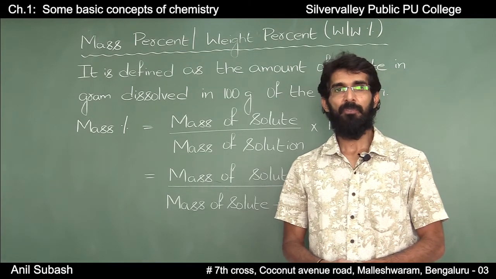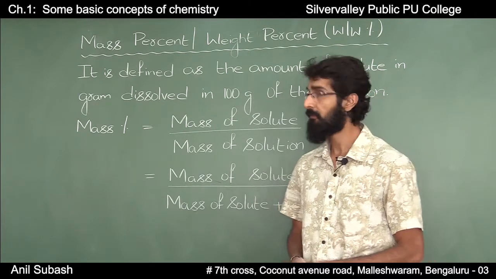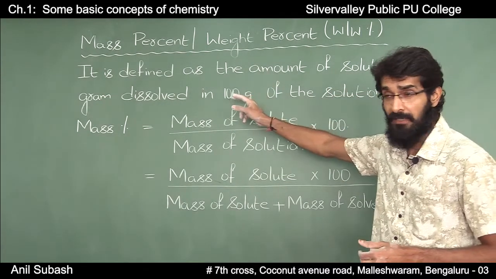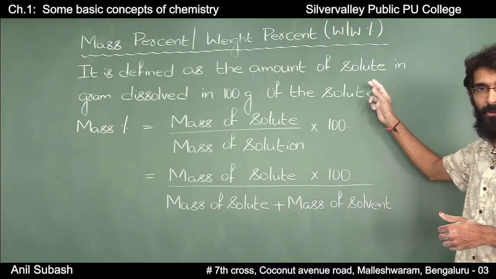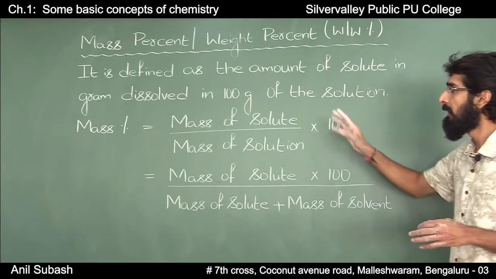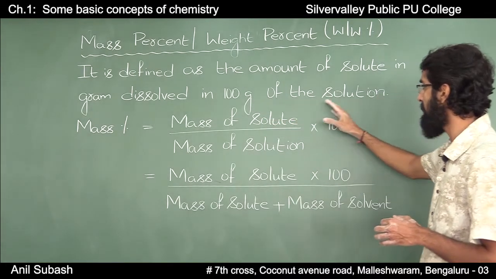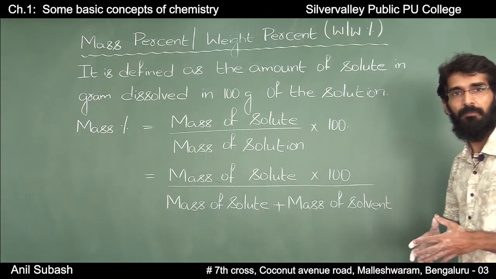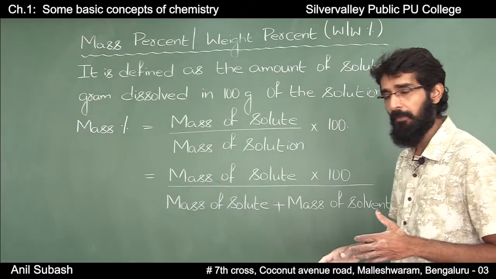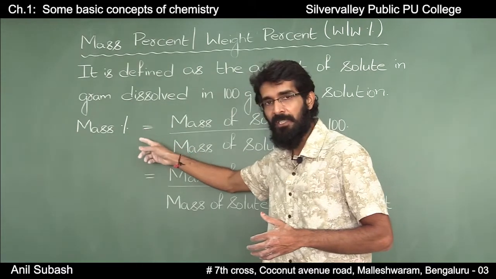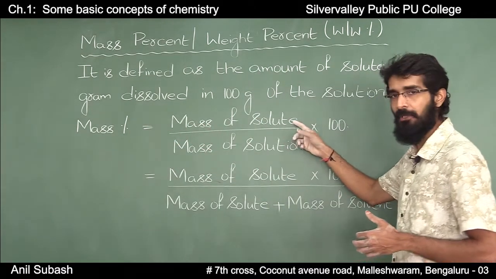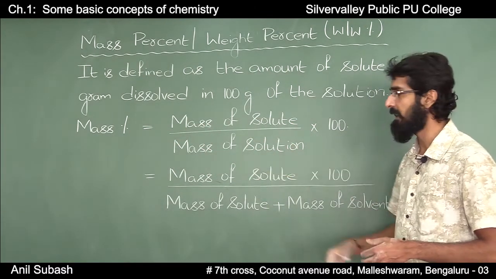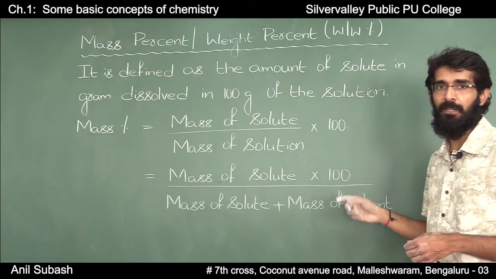Mass percentage or weight percentage. It is defined as the amount of solute in gram dissolved in 100 gram of the solution, and it is given by mass percentage is equal to mass of the solute by mass of the solution into 100.